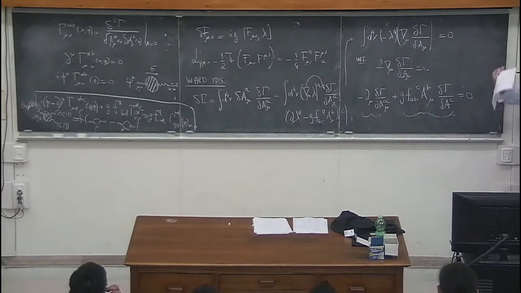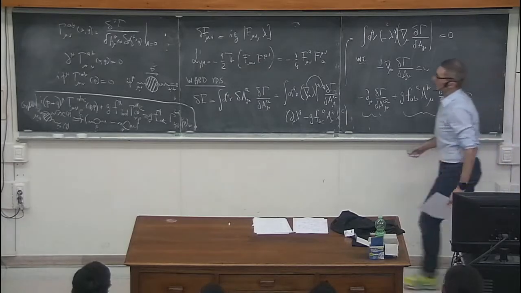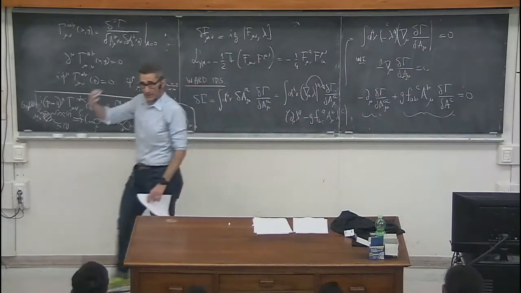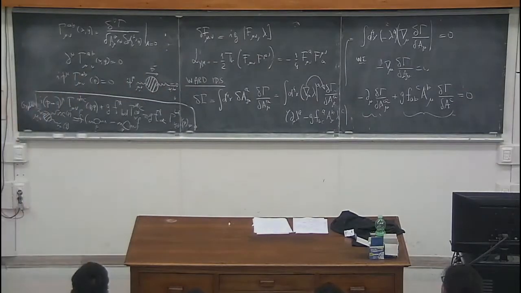And the antifields belong to a nice geometrical setup called the Batalin-Vilkovisky framework, which was discussed by Berkovits last week. So these Ward identities are important, because they give you another geometrical structure that I will add to the theory.